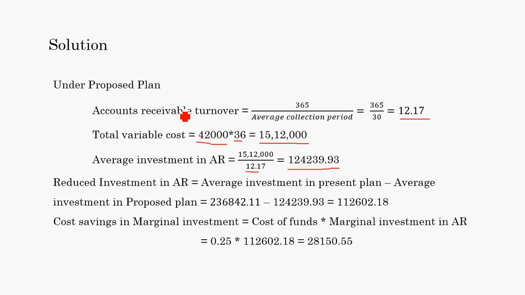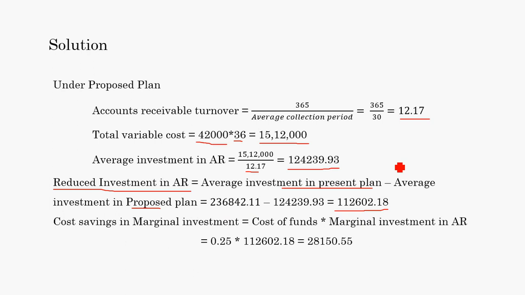Now if you compare the present and the proposed plan, the investment in account receivables is actually coming down. So you're going to look at the reduced investment in your account receivable, which is the difference between the investment in the present plan and the proposed plan, equal to 1,12,602.18.